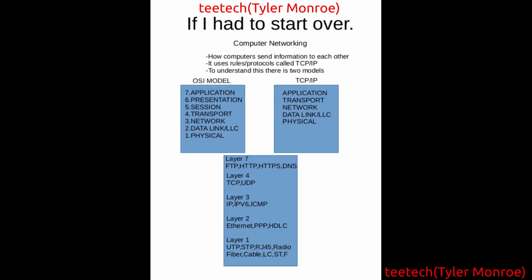Now, with the TCP/IP model, what they did was they took session and presentation from the OSI model and combined them into one layer called application. And with TCP/IP, you have the application, transport, network, data link, and physical. Now, there are about 4 different representations, versions of the TCP/IP model.